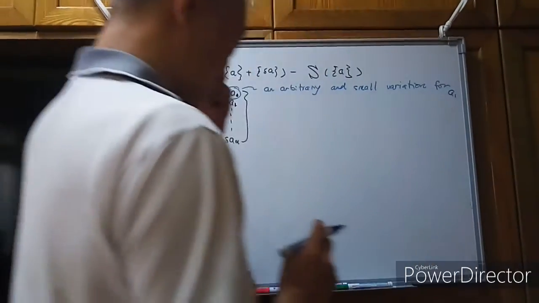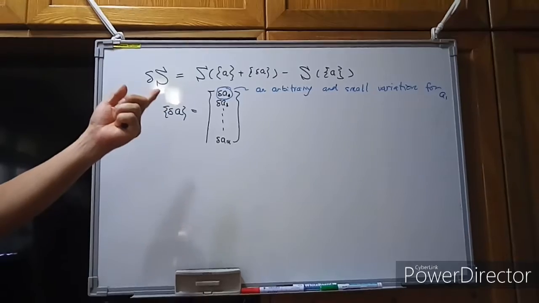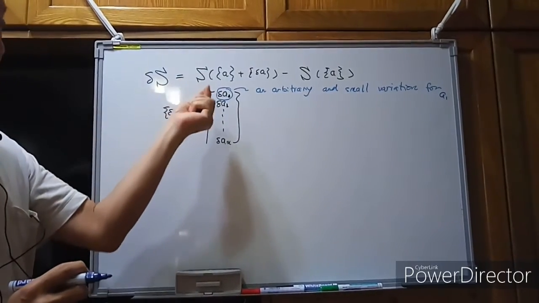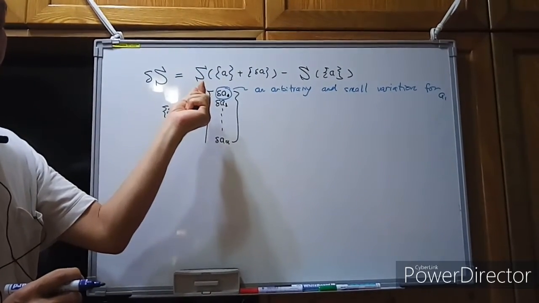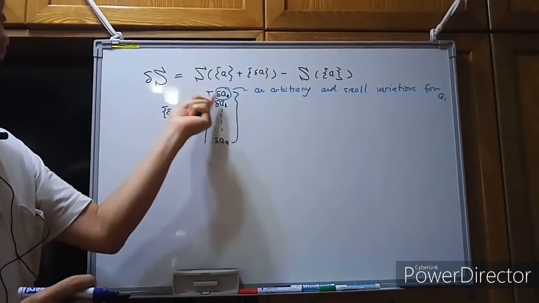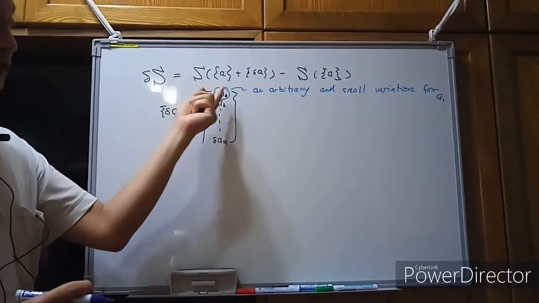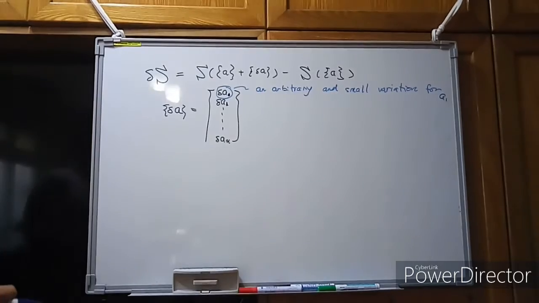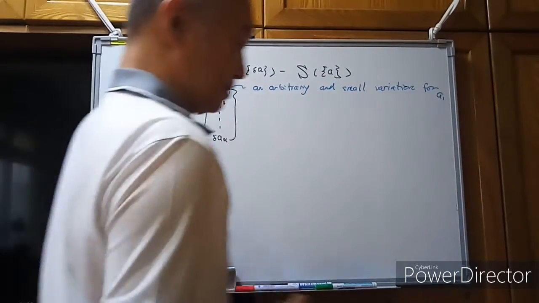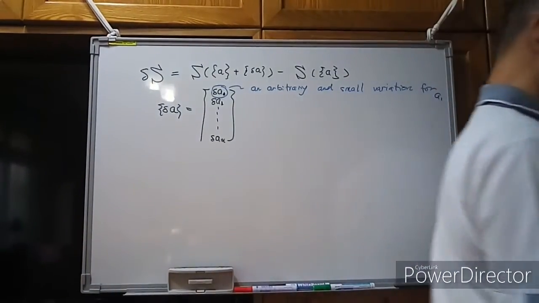Okay, so we can make an arbitrary and small variation for A0, and this small variation is termed the delta A0.